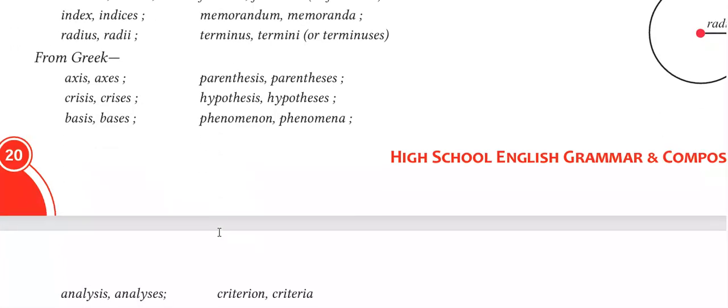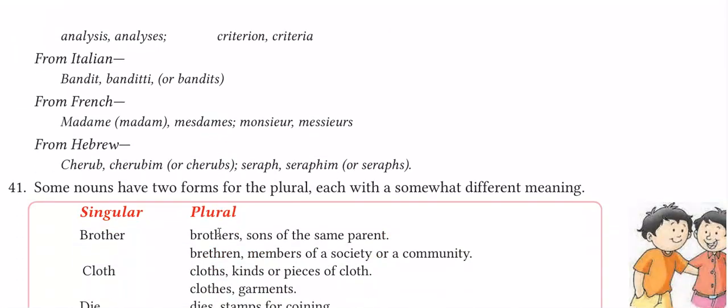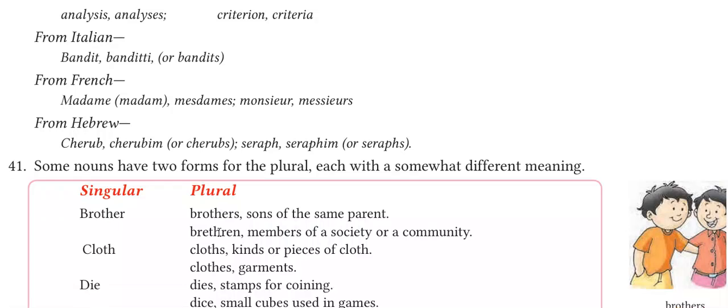So these are the common examples. Then we have analysis becomes analyses, criterion becomes criteria, and from Italian, bandit becomes banditti or bandits. From French, madame becomes madames. So these are the common words.